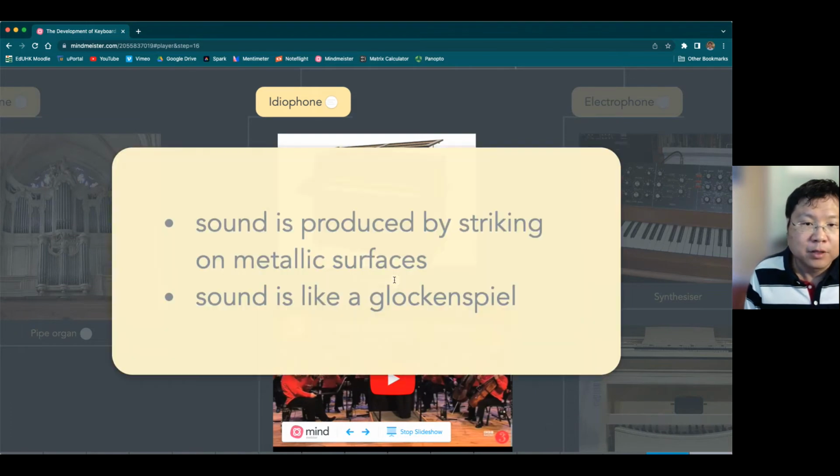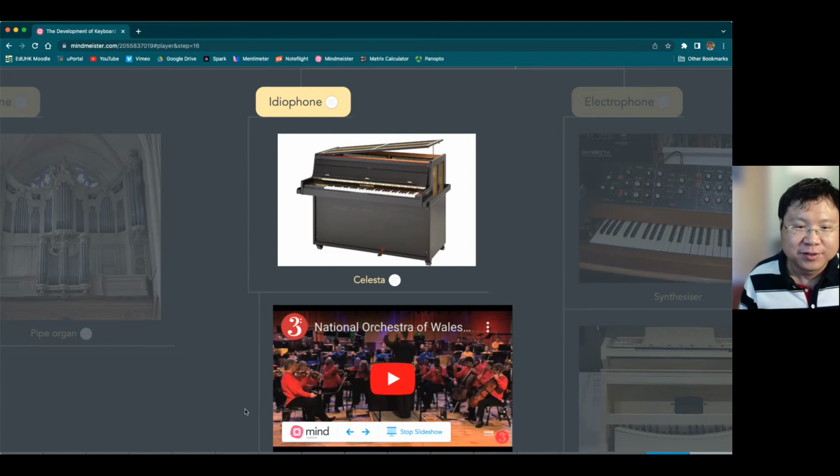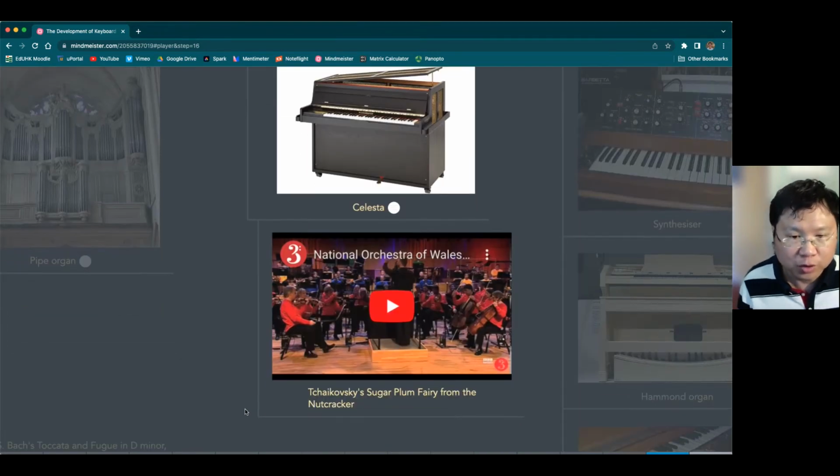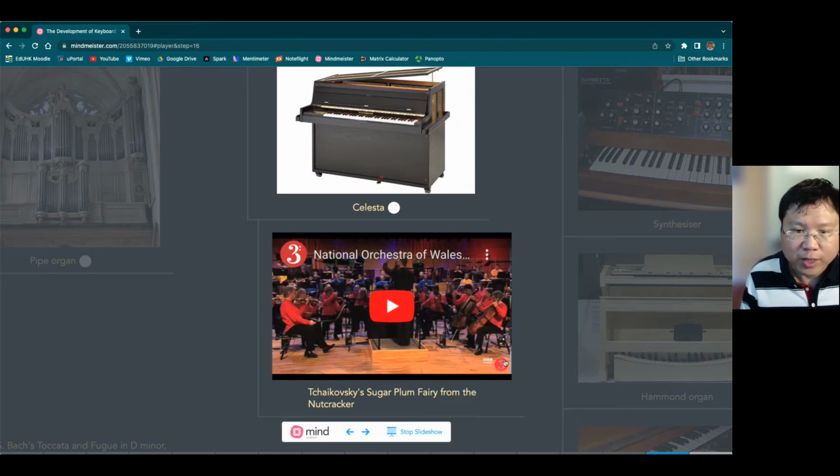The sound of the celesta is actually like a glockenspiel with a keyboard. There are many composers who used the celesta in orchestral works, including Tchaikovsky. He used this instrument in his Sugar Plum Fairy from the Nutcracker.